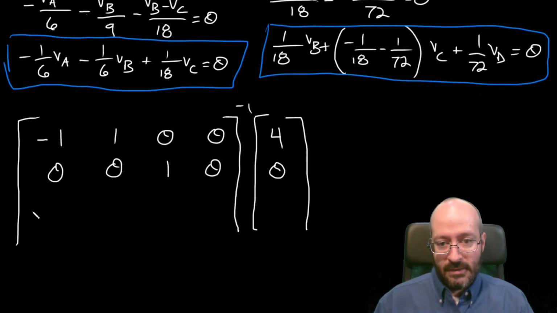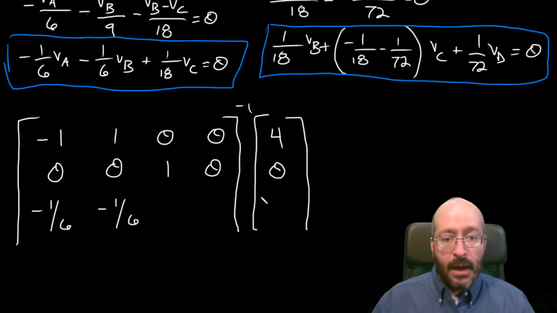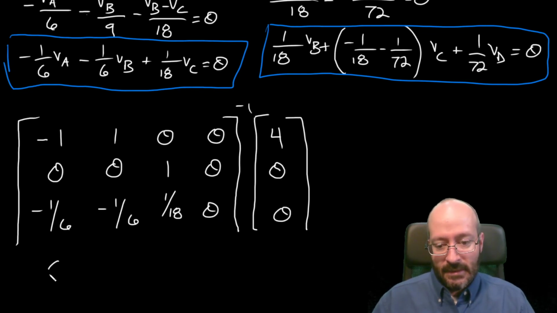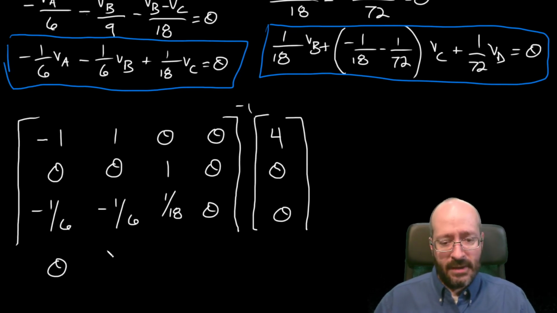Here we have negative 1/6, negative 1/6. Did it really end up being that? Yeah, it did. And 1/18 and 0, 0 on the right hand side. Last row I moved over to this equation here, and we have 1/18.